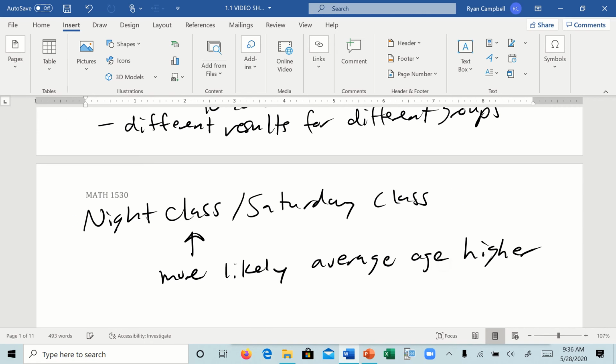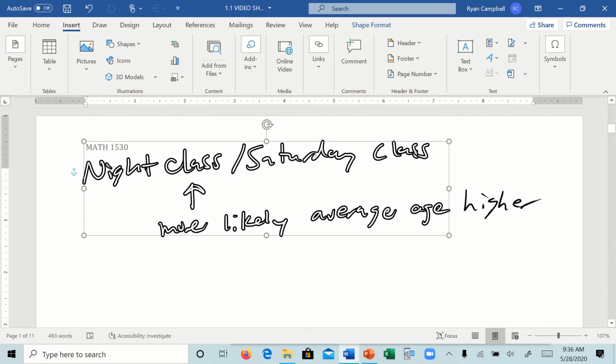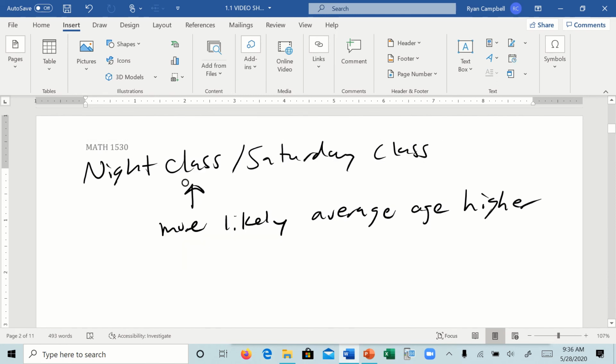Typically, the reason why a student would take a night class or a Saturday class is because they have a job, right? So these students probably are going to be in their mid to late 20s, all the way to their 40s, 50s, 60s, right?